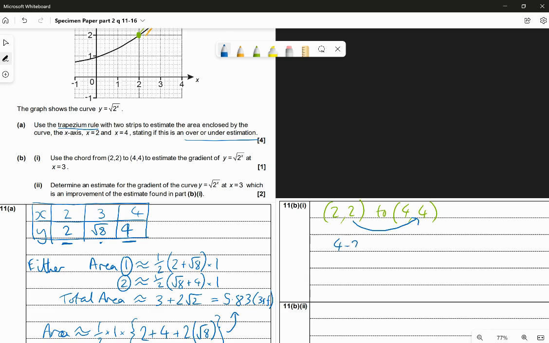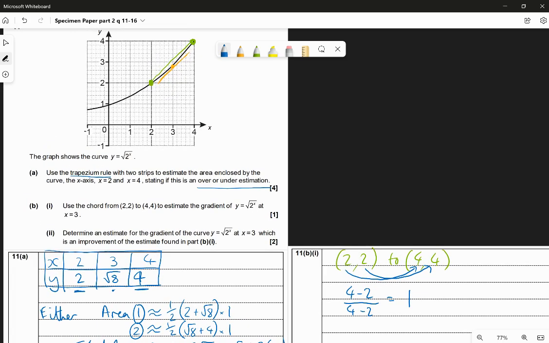So we do 4 take away 2 for the change in y. And then the change in x is also 4 take away 2. So that's 2 divided by 2, which is 1. So the gradient of the chord, the green chord on my graph, is equal to 1. And that's an estimate for the gradient at x equals 3. So, part 2.